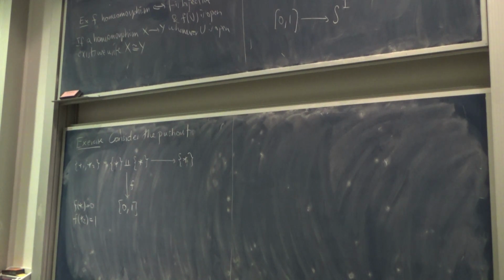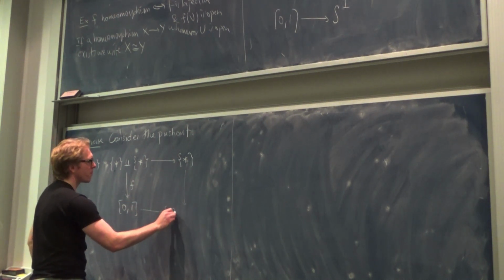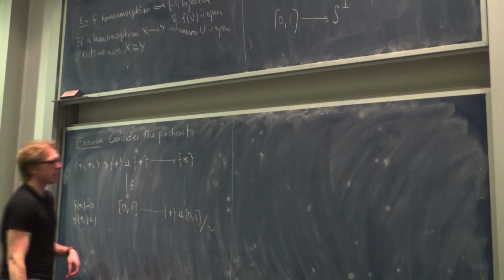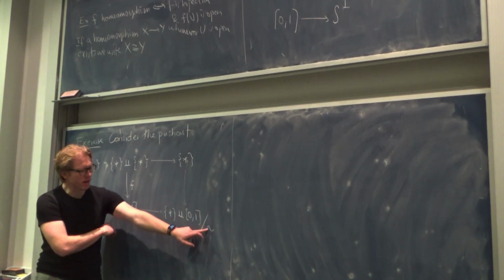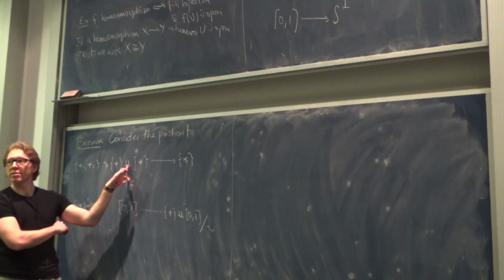Okay, so what's that pushout? Well, remember the pushout was by definition the disjoint union modulo an equivalence relation. The equivalence relation gave us one generating pair for every point here, right?